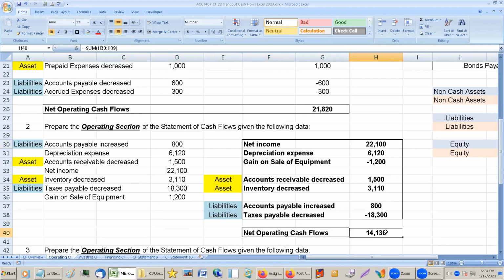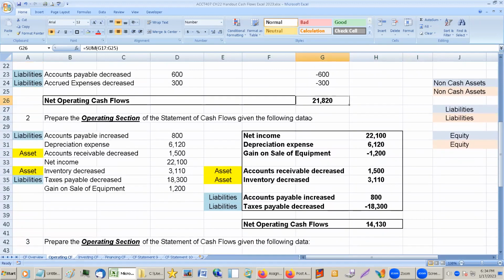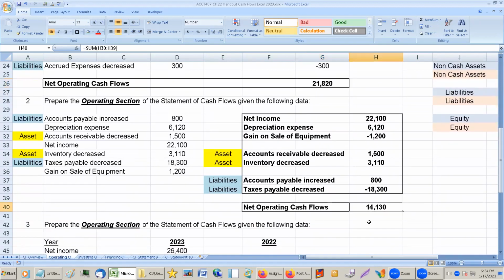And that's one reason why the statement of cash flows has come to be a really important statement. A lot of times, part of the reason why they really wanted it is that the income statement didn't always tell the whole story. And you can see here the operating cash flows are actually less, even though they had more income.